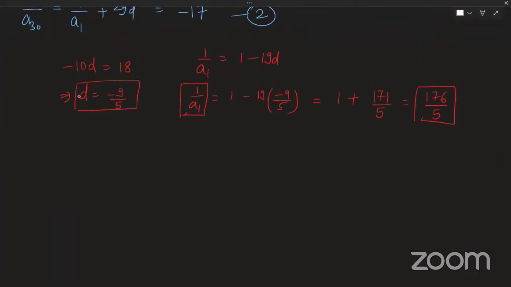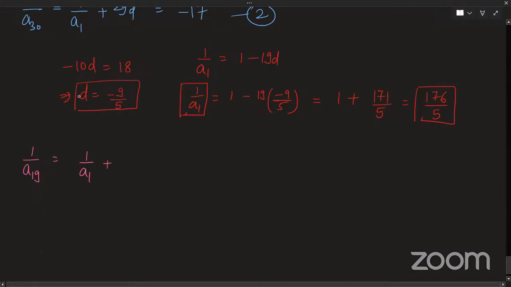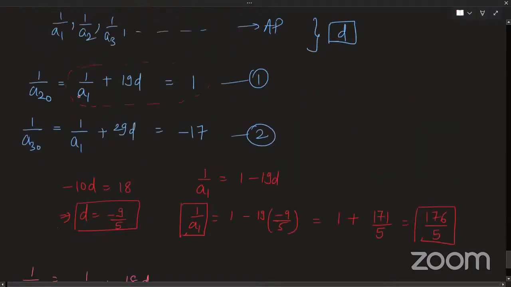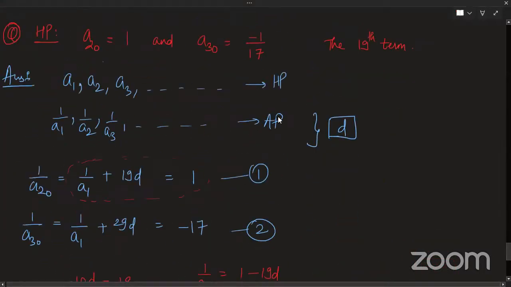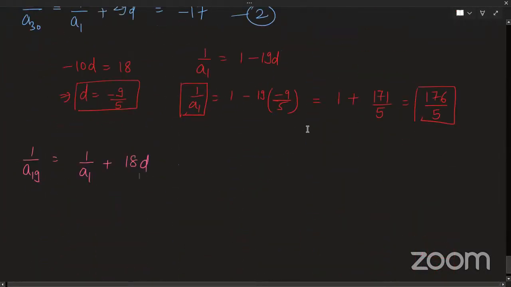1 by A19 is equal to 1 by A1 plus 18 times D. See, my 1 by A is in AP, so I can just directly take the values. So it is 176 by 5 plus 18 into minus 9 by 5.